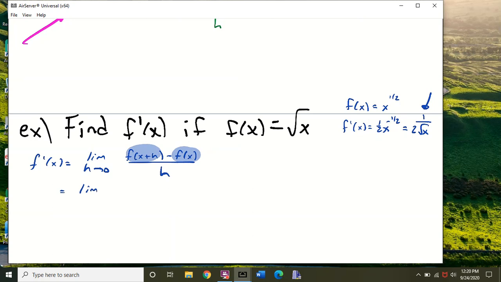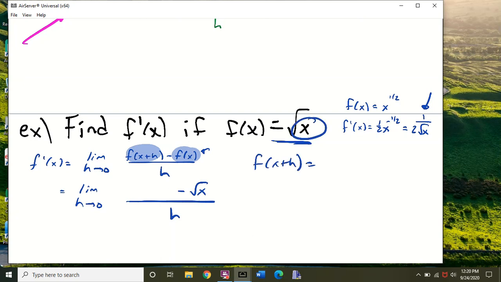So here we're going to have the limit as h approaches 0. Now, f of x is radical x, so we're going to have minus radical x right there when I replace f of x with what it equals. F of x plus h means I'm just going to replace x with x plus h, and so we literally get back radical x plus h here.